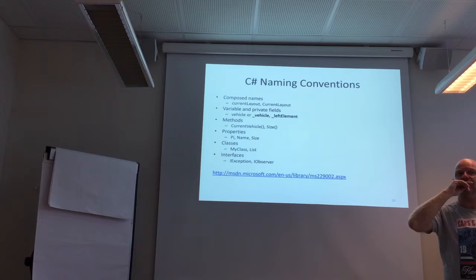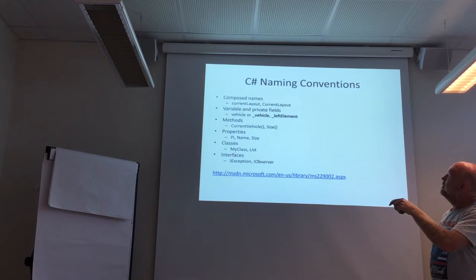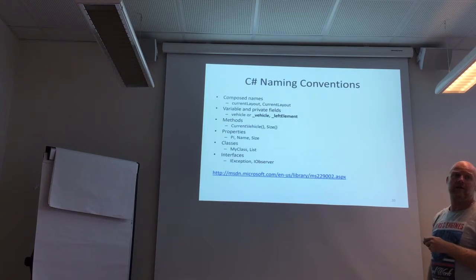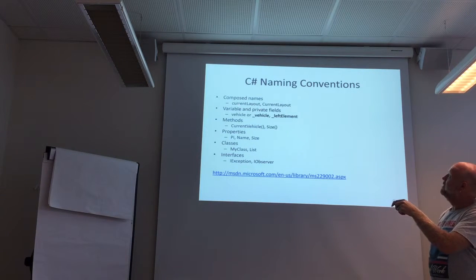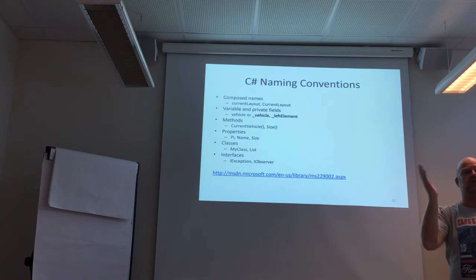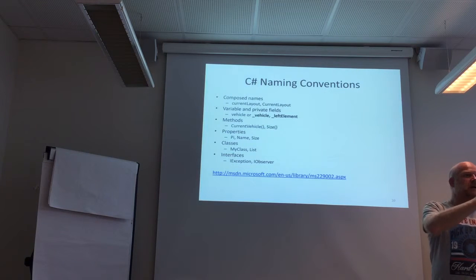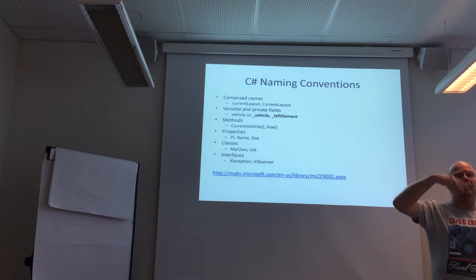In camel case, if it's a combined name like current layer, you start maybe with a lowercase, and then the layer starts with an uppercase. So this is the camel case idea. Whenever you combine words, you start with a small letter, and whenever you add a new word, it will be a capital letter.